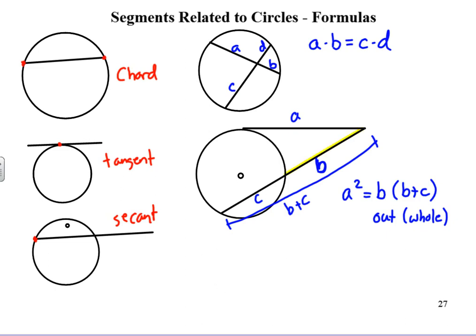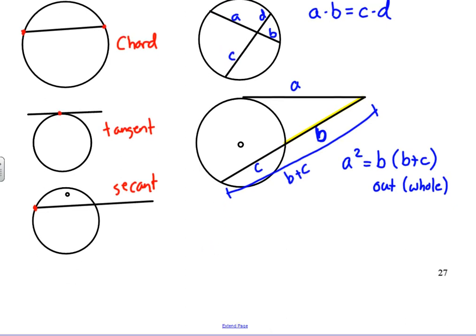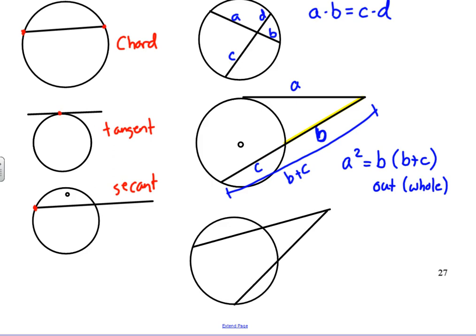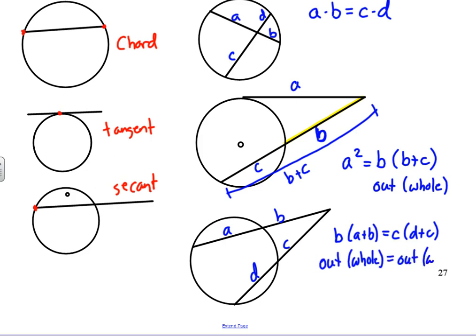Now, the last scenario that we have is a situation where you have two secants. So here's a circle and you have one secant and then you have another secant, and let's label this A, B, C, D. Okay, in this case it would be B times A plus B equals C times D plus C. In other words, it's the outside times the whole equals the outside times the whole.